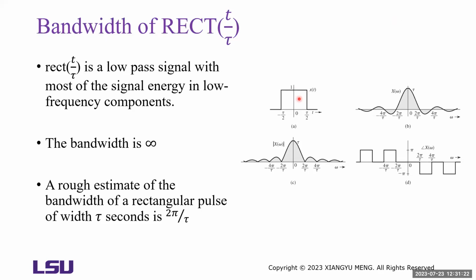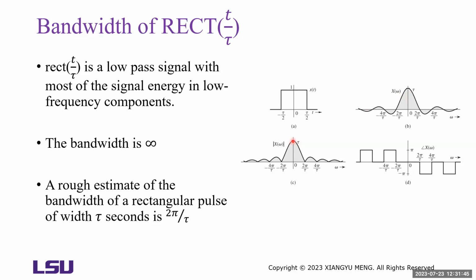Now let's think about the bandwidth of the rectangular function, the gate pulse function. The spectrum of the gate pulse function is shown here in figure B, X omega. From the spectrum, we can see it peaks.